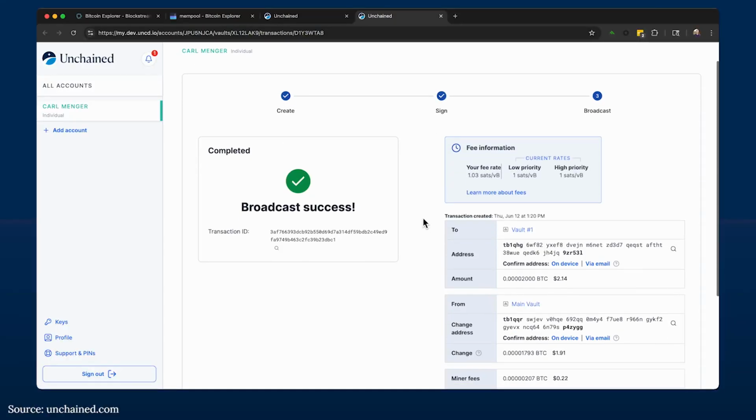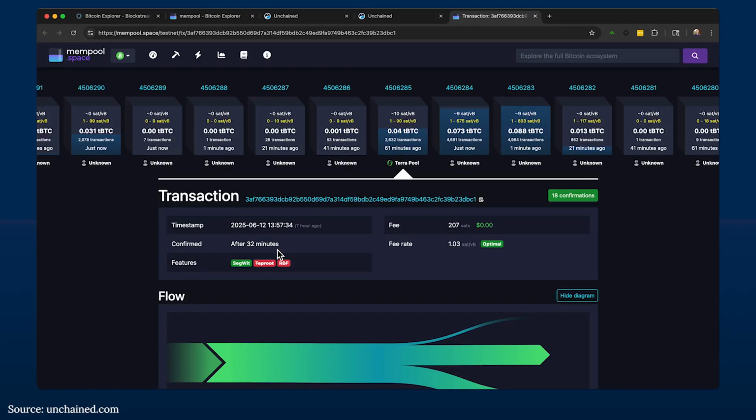Similarly, if I had just conducted a withdrawal, I would be seeing this broadcast success indicator and a transaction ID. So if I had just conducted a withdrawal, I would be able to check the status of the transaction, whether it was still pending or confirmed. By using this link here, it'll just pull it up in mempool.space and show me the status of my withdrawal.